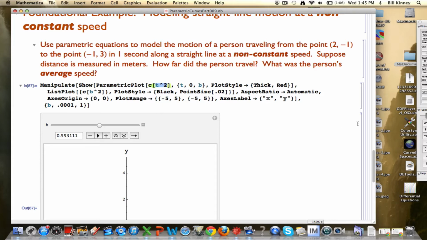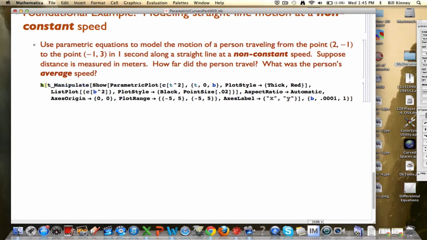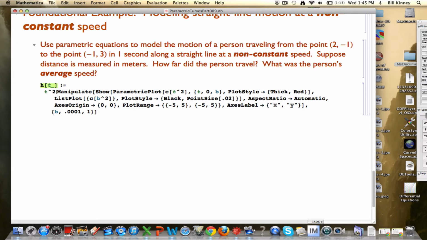The next thing I want to show you is a little programming technique that can save a tiny bit of time if you're using this code over and over again. I'm going to create a new function. I'm going to call it h of t. That is going to be this function that I plugged into C. There's a t squared here and a b squared there. I'm going to make it be t squared. Notice again with functions you put an underscore, that's essential.